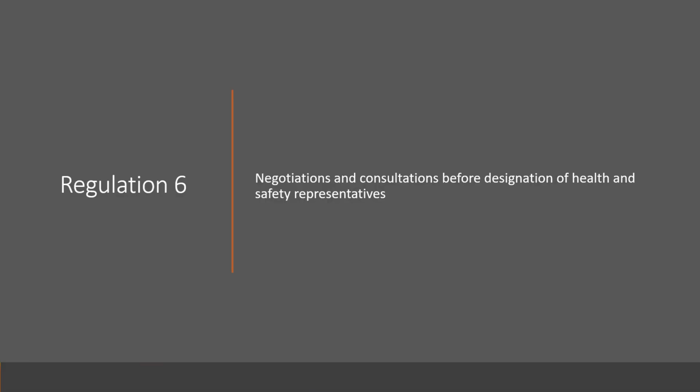We start off our legal structure for the appointment of a health and safety representative with the General Administrative Regulation 6. This discusses the negotiations and consultations before designation of health and safety representatives.